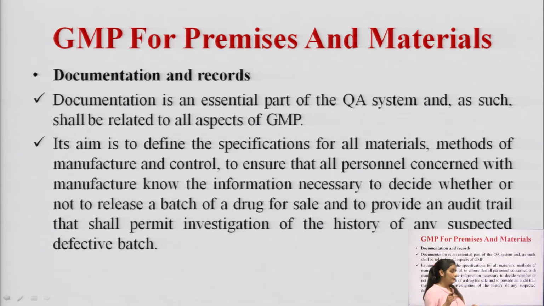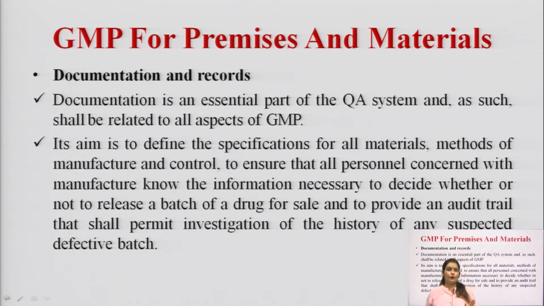Whatever operation is going on in manufacturing industries, such as the water system or RO system, and according to the equipment, whatever equipments are running, there must be proper documentation and proper records, and all should be run according to the proper SOP, that is, standard operating procedure. So, all these parameters, aspects and approaches are included in quality assurance.